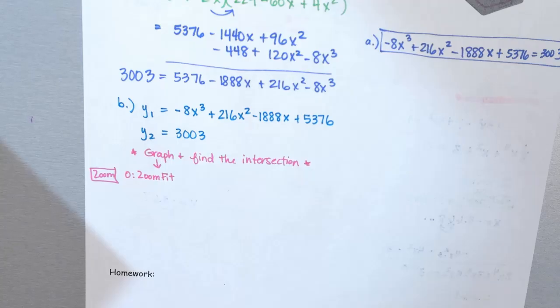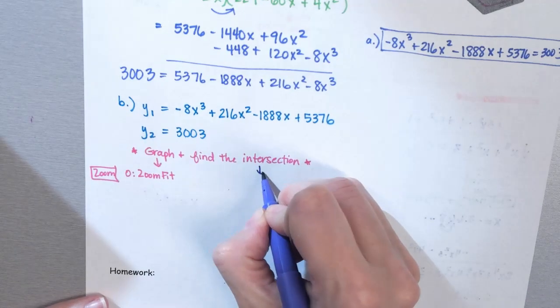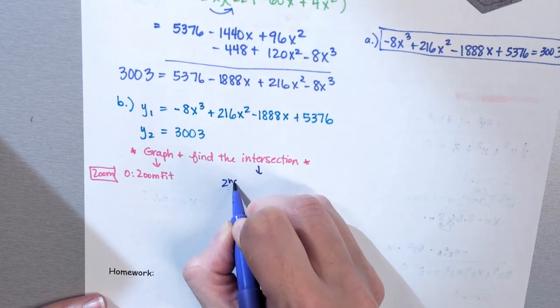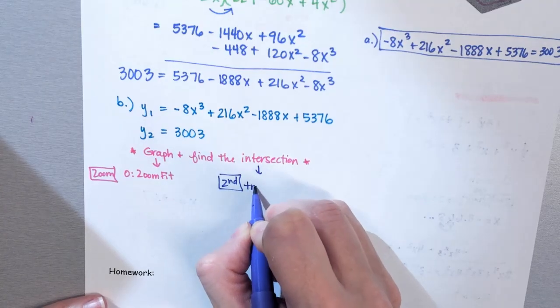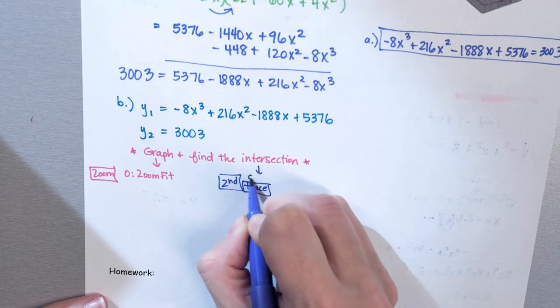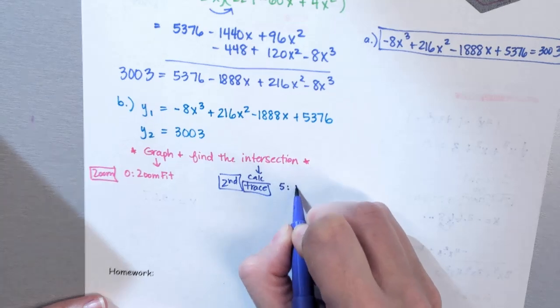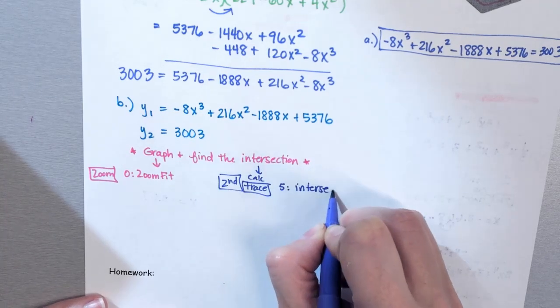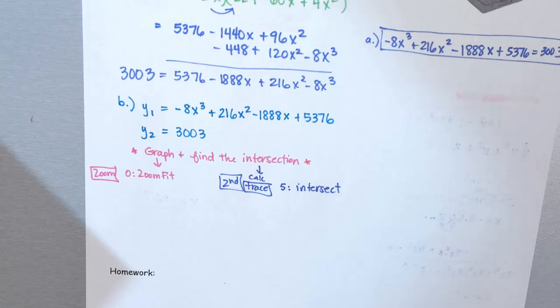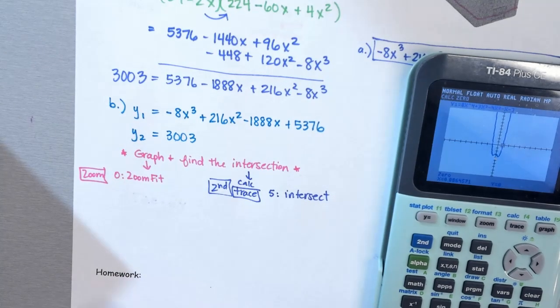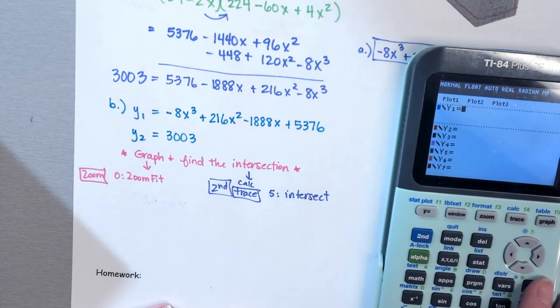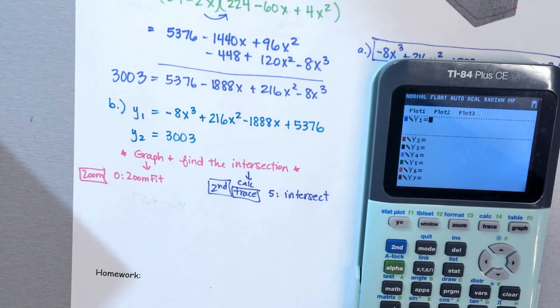The intersection is found by going to second, your trace button, and 5 is the intersect feature. All right, so what I want you to do is I want you to type those in for y1 and y2. You're going to graph by using your zoom fit.